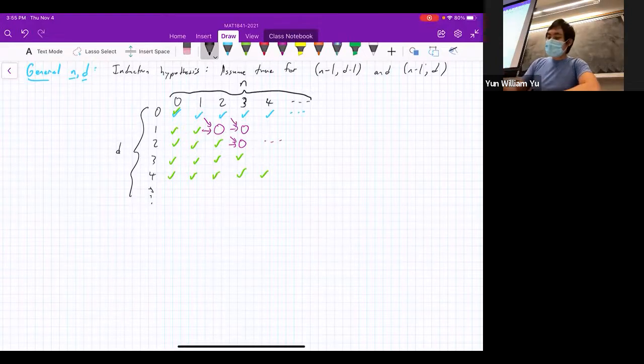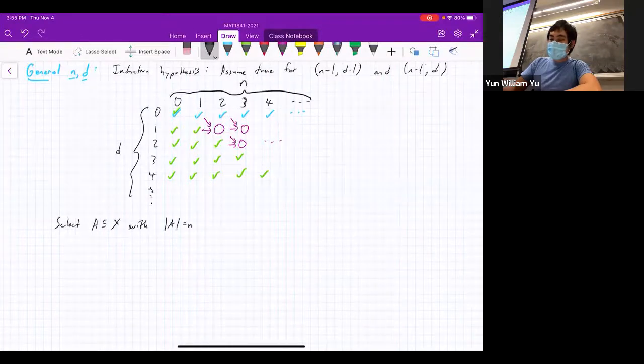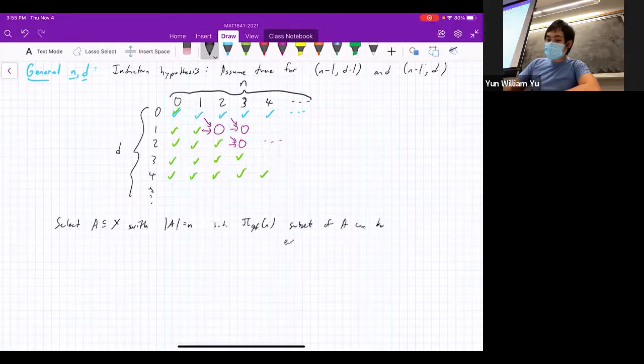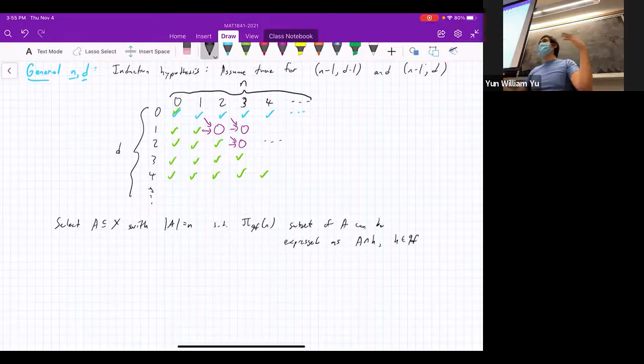Okay, so now we're going to prove this inductive case. And the way we're going to start is we're going to select A from X with the size of A equal to n, such that pi H of n subsets of A can be expressed as A intersect h for h in H. So this is a maximally shatterable set.